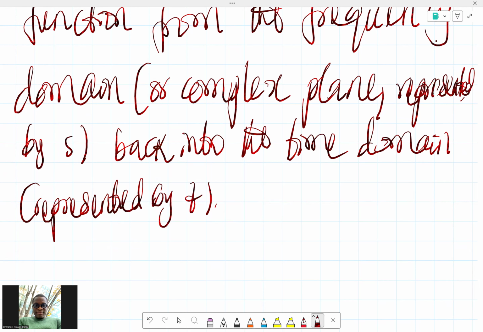So Laplace transform converts from time domain into frequency domain, and then inverse Laplace transforms back from frequency domain to time domain.